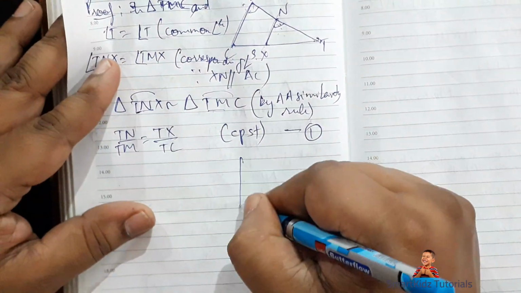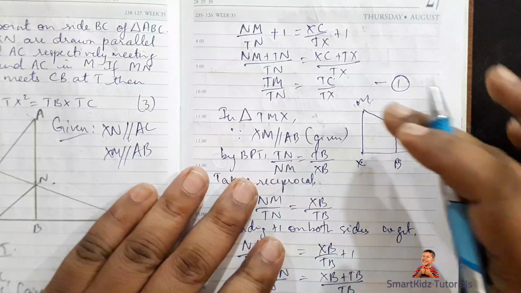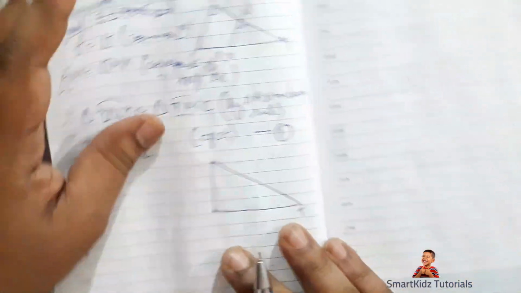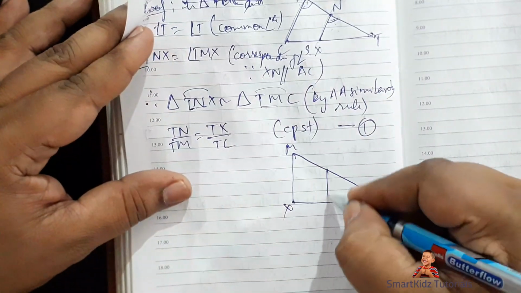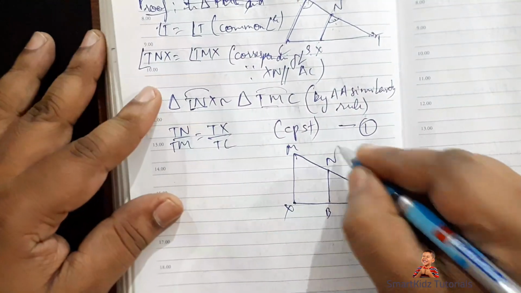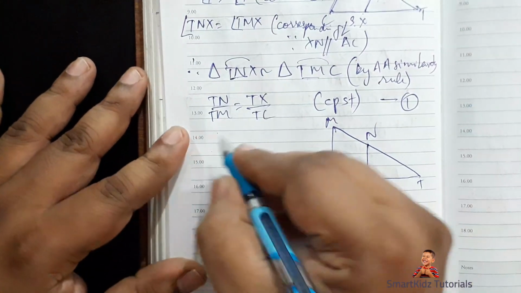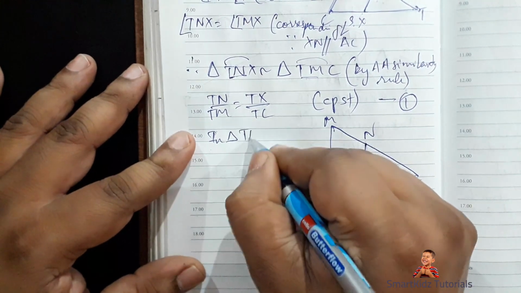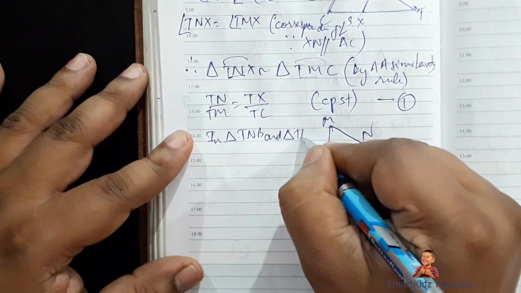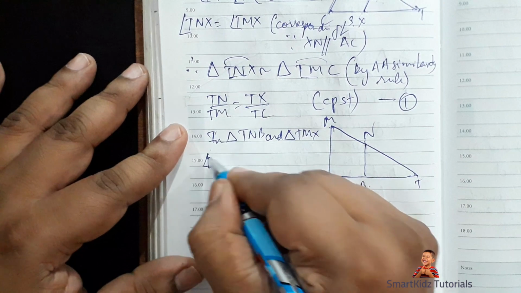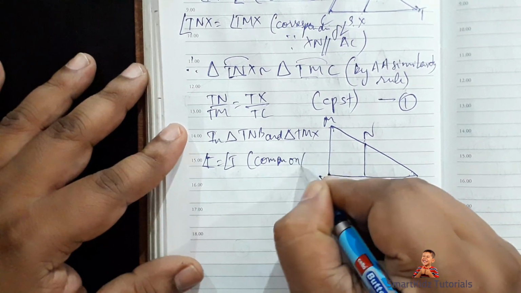That would be this. It's T over here. And there's MX and BN. Now, so you say in triangle TNB and triangle TMX, angle T is equal to angle T, a common angle.